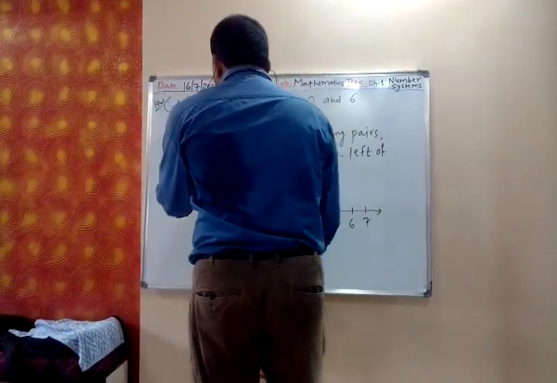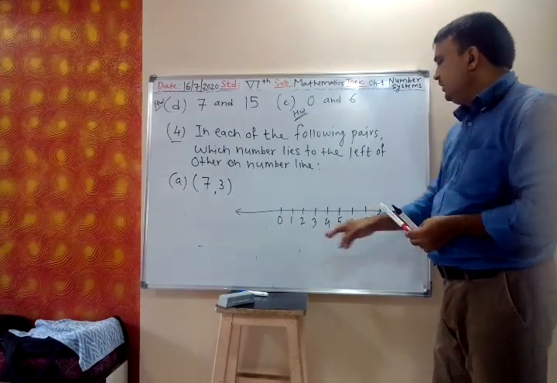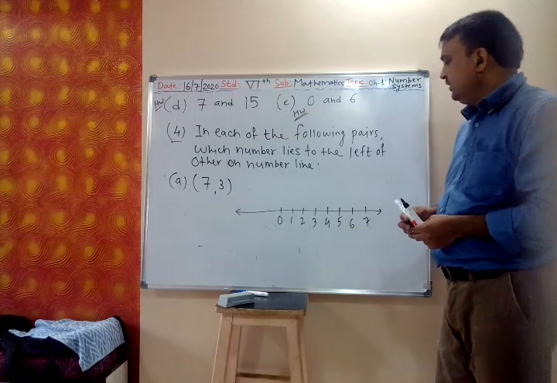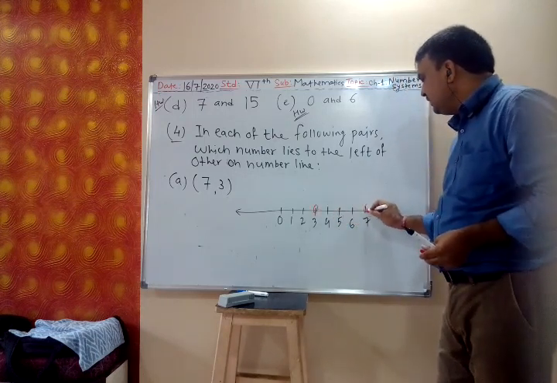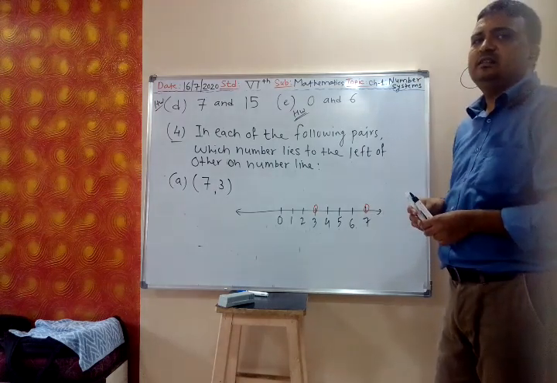When we draw 7 and 3 on the number line, 0, 1, 2, 3, 4, 5, 6, 7, this is my number 3 and this is my number 7. Which number is on the left?